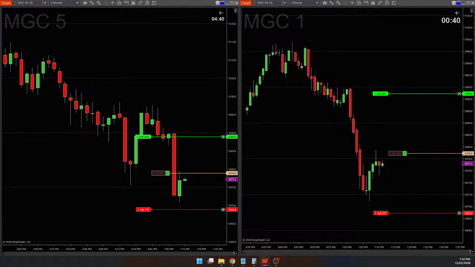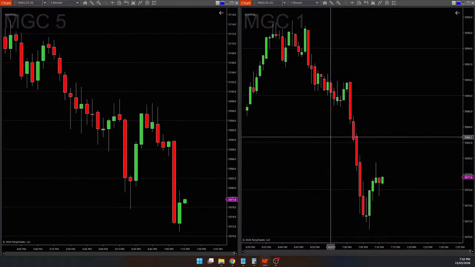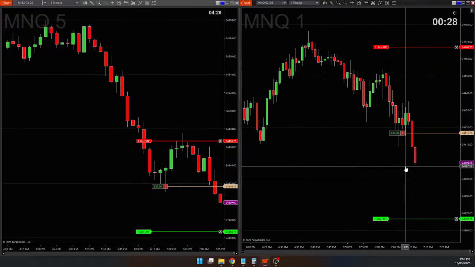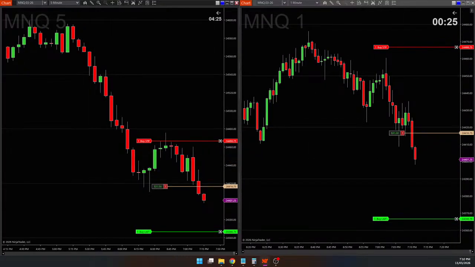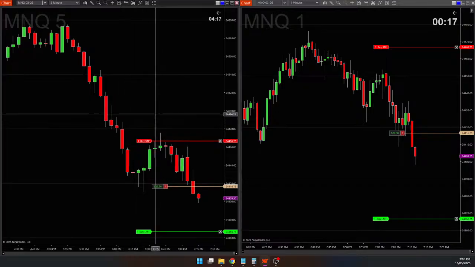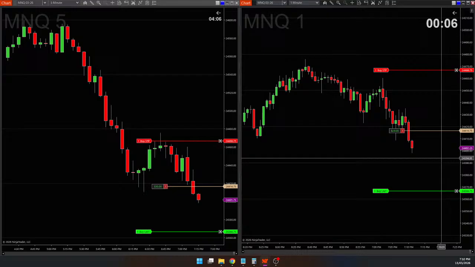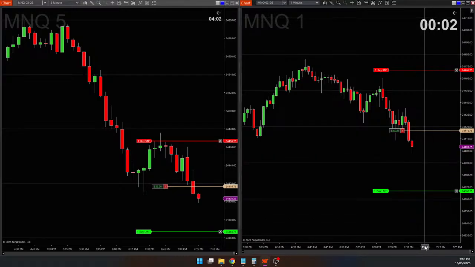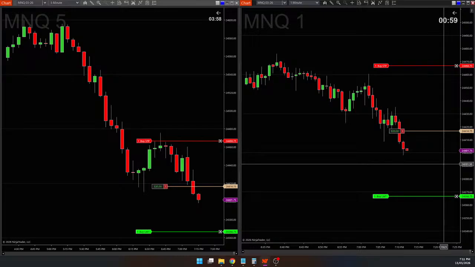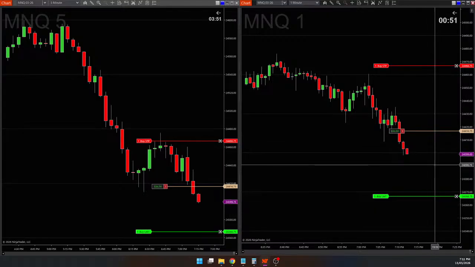Those look promising. There's the thought of adding a contract to increase the win and recover the losses, but it's not really that smart.